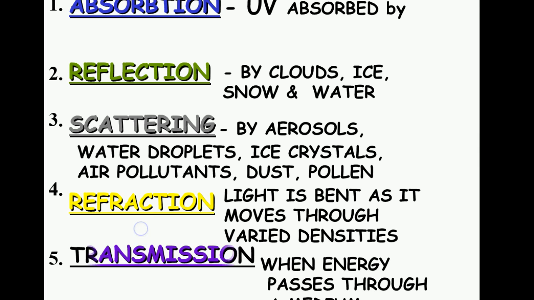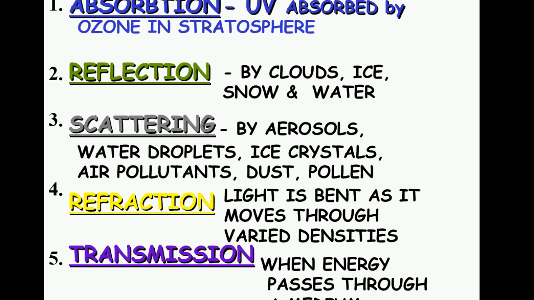It can be absorbed, like UV rays are absorbed by our ozone. We have reflection. The snow, the clouds, the ice, the water will actually reflect that energy back out into space. We have scattering, okay?